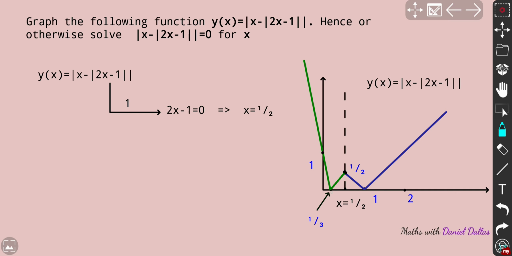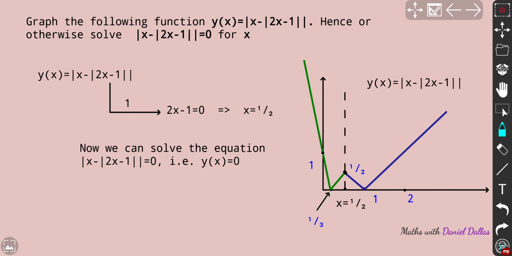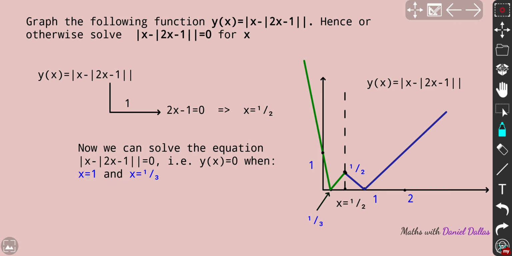We clearly see where the function y of x equals 0: exactly where it crosses the x-axis, here and here where x is 1. So both solutions, x equals 1 and x equals 1 over 3, are solutions for your modulus equation.